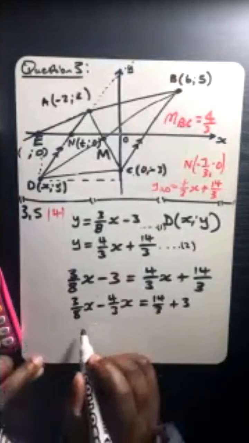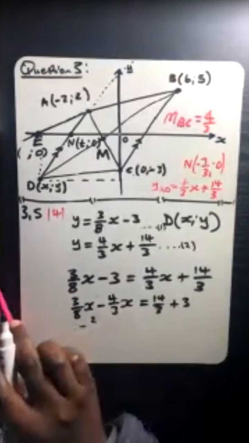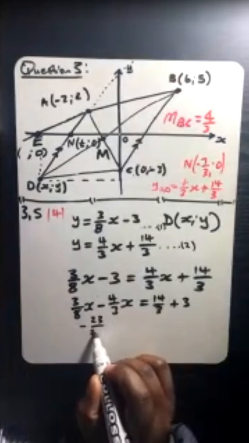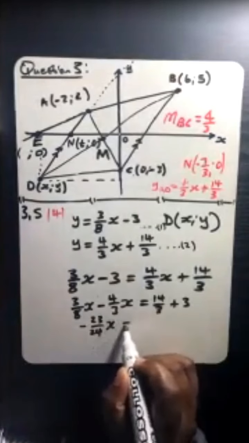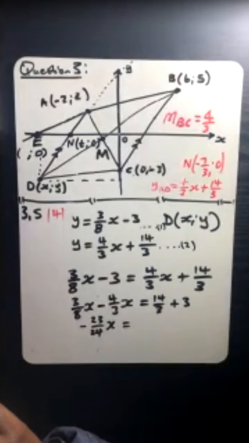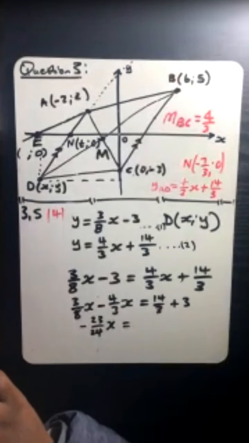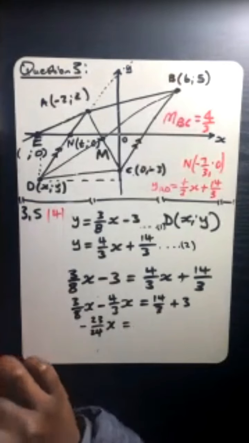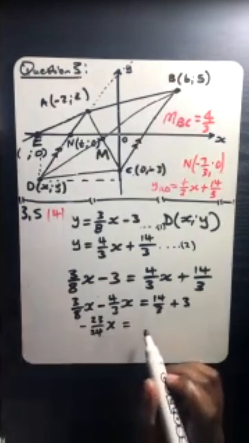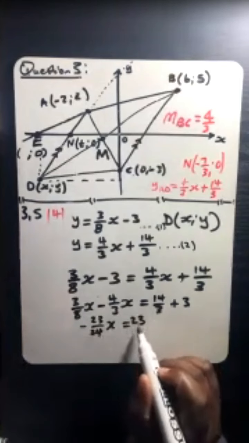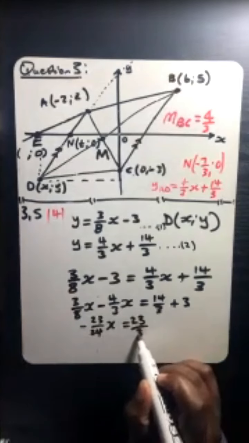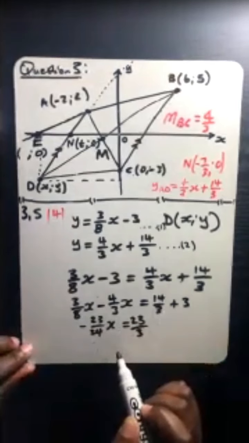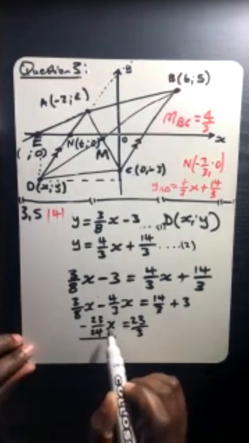So that means we have -7/12 bananas, which is equal to 14 over 3 plus 3, and this is 23 over 3. Then obviously, for you to calculate x, you need to cancel that.